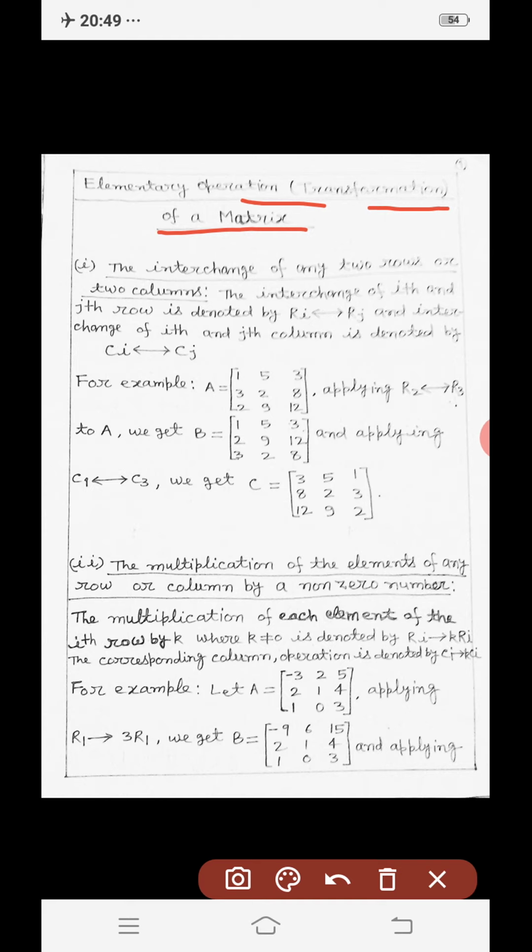The first operation is the interchange of any 2 rows or 2 columns.